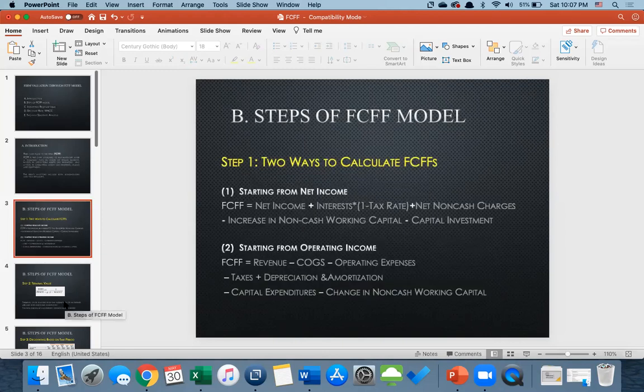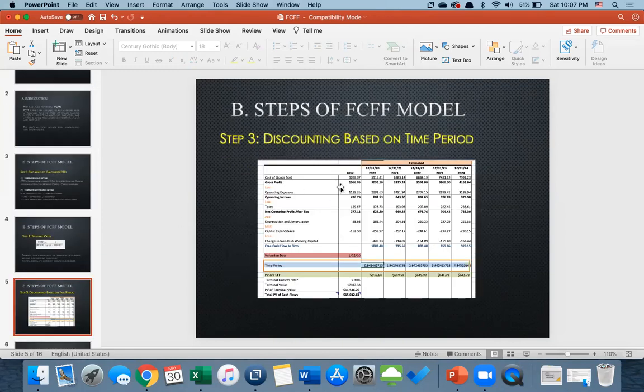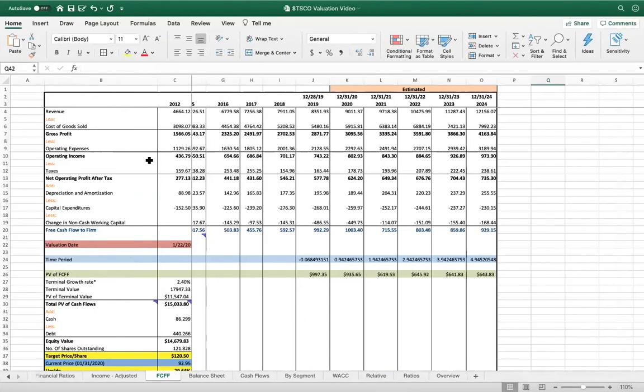But we can look at the example here. For the forecasting of the next 5 years of free cash flow to firm, this approach starts from the revenue, then we minus COGS, minus operating expense to get the operating income. Then we subtract taxes, add back the depreciation and amortization part.